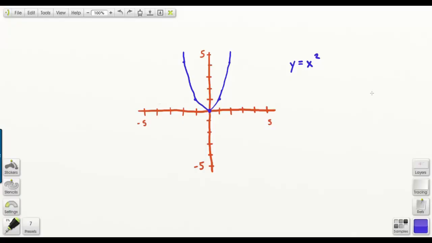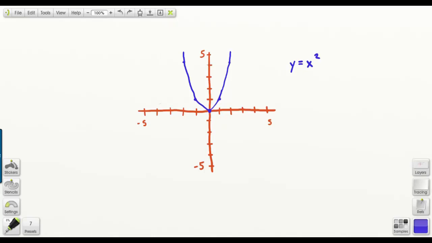All right, so to get started, I want you to take a look at my screen here. We have a parabola, a quadratic function. In particular, this is the y equals x squared function.